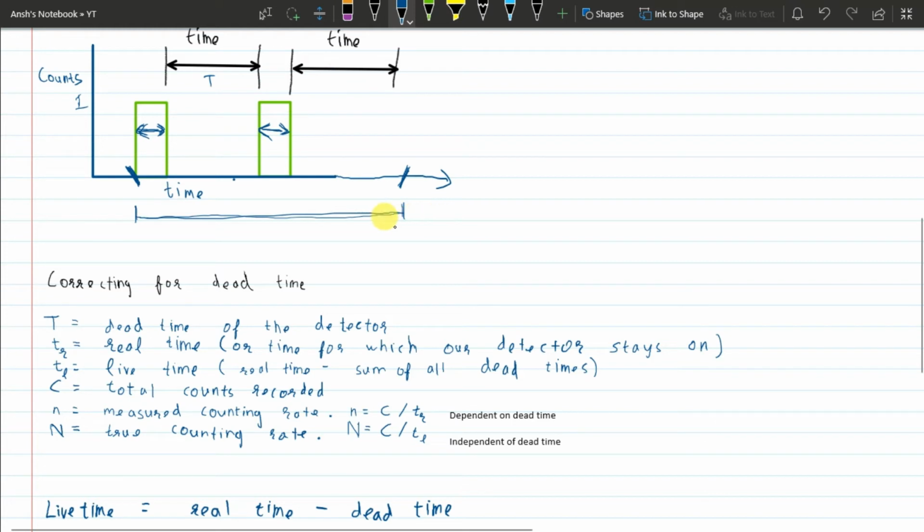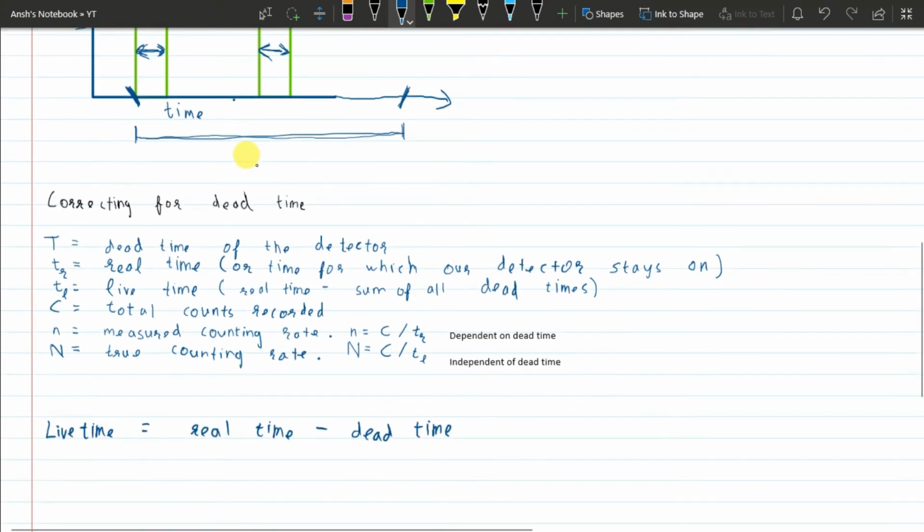So you take the total time, you subtract the black bars, and you get the sum of the duration of these green bars. That is how we start. So we have lifetime is equal to real time minus dead time. We substitute for these terms. So we have TL is equal to TR minus CT.